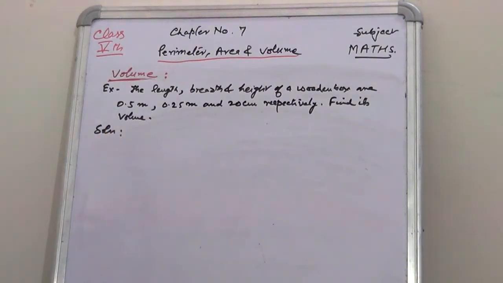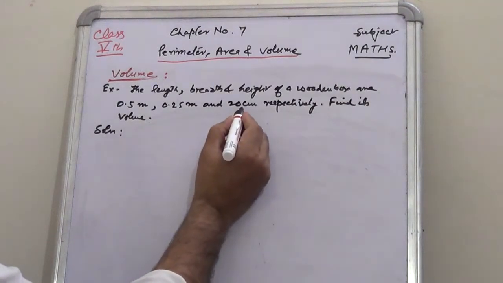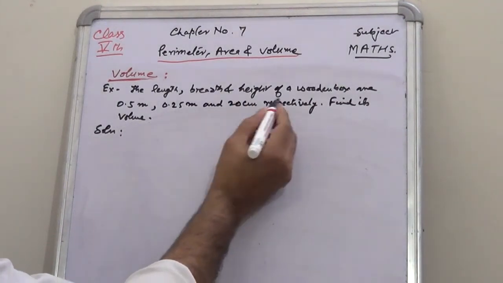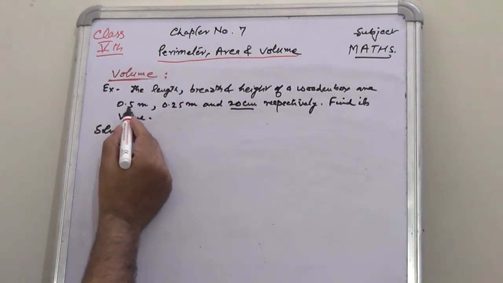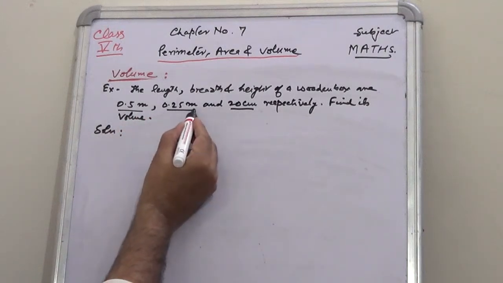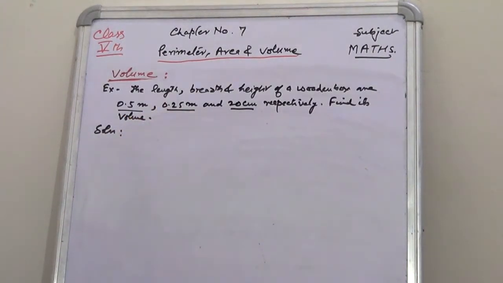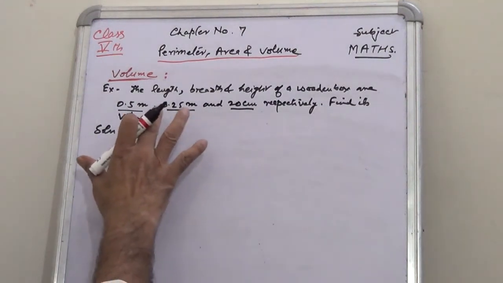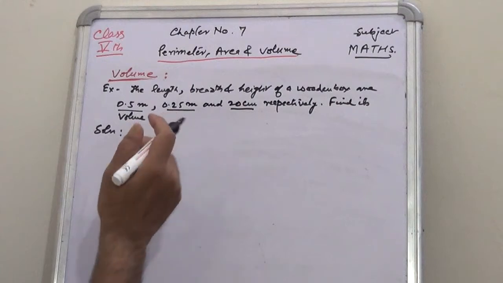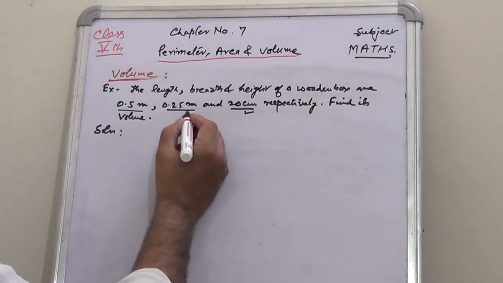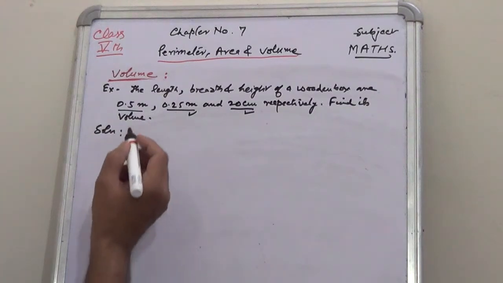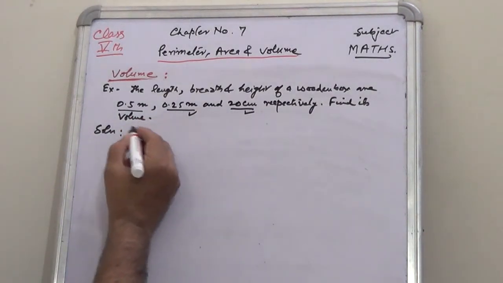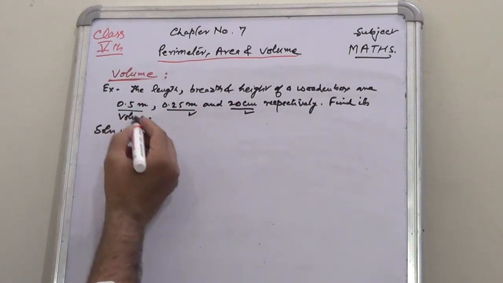Children, in this problem, the height of this cuboidal box is 20 centimeter, while its length and breadth are given in meter. If the dimensions of this box are given in two different units, then we cannot calculate the required volume. So we need to convert the meters into centimeters, meaning length and breadth also in centimeters.